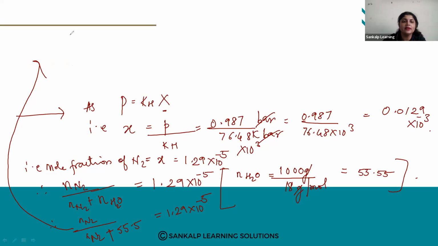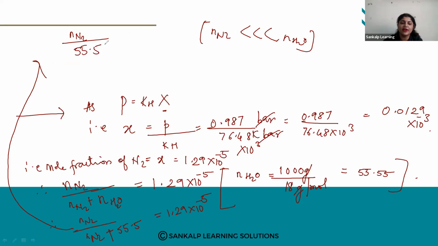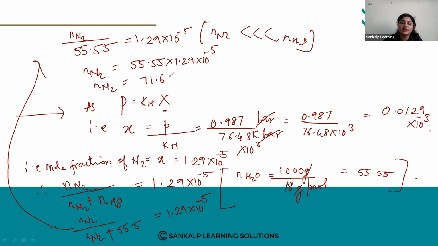The number of moles of N2 divided by N2 plus H2O: since N2 will be very less compared to H2O, we are not counting it, so it will be 55.55, equal to 1.29 into 10 raised to minus 5. So N2 is equal to 55.55 into 1.29 into 10 raised to minus 5. After taking this, it will be 71.659 into 10 raised to minus 5 moles.